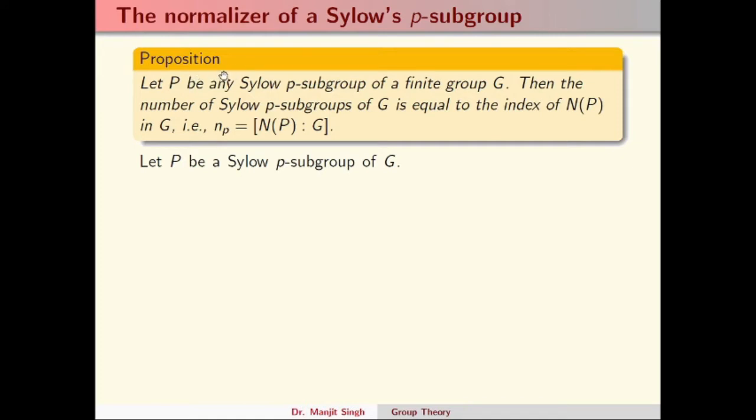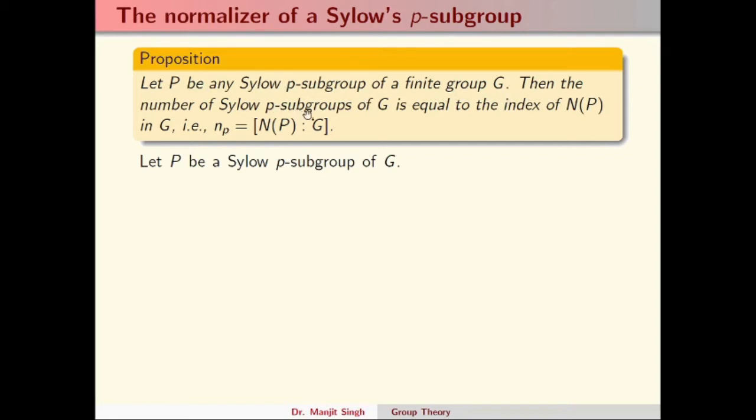So as we have discussed, in proving Sylow third theorem we need some auxiliary results. The first one is this: let P be a Sylow P subgroup.